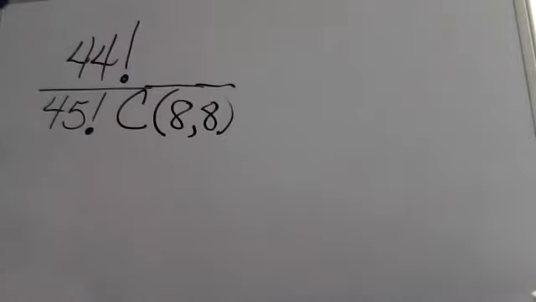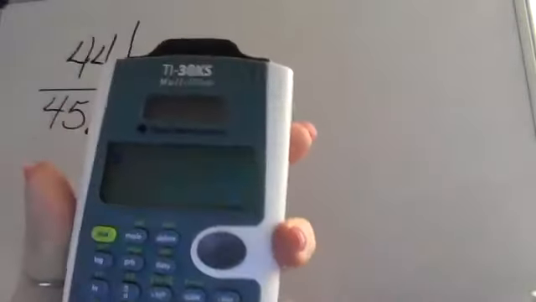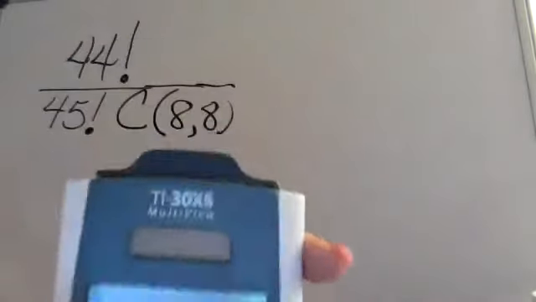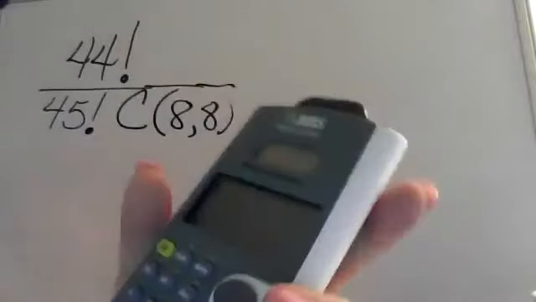Okay, you know you can do each one of these separately. And let's show you how to do that. We could do each one separately so that we have all the numbers that we need to work with. So to find the 44 factorial, we put 44 in here.